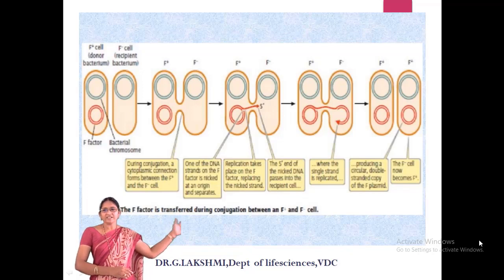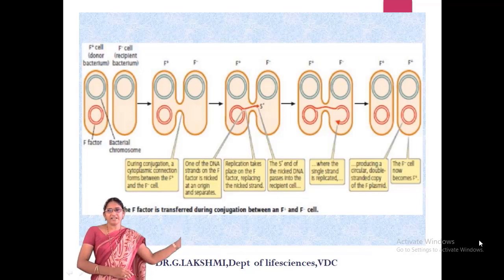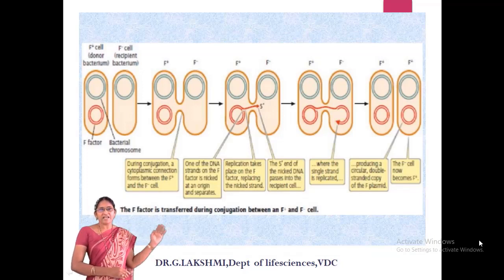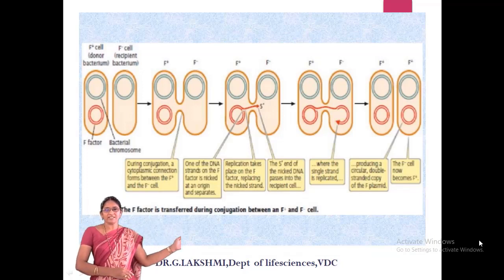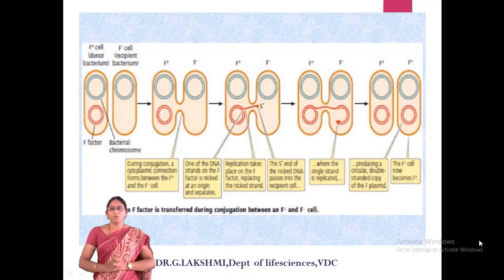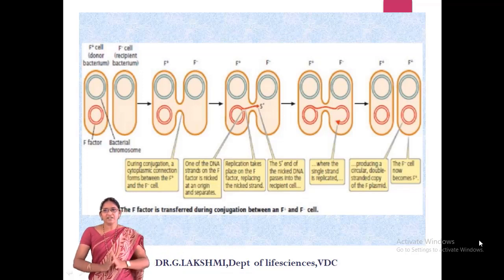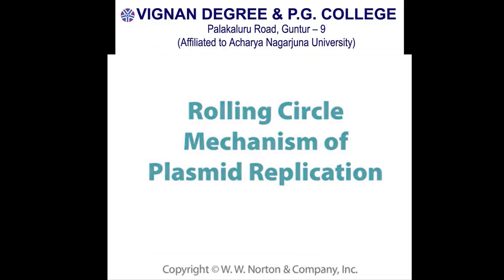Now the circularized single-stranded DNA molecule in the F minus cell undergoes replication and becomes a double-stranded circular DNA molecule. In such a way, the F factor transfers from donor to recipient through the rolling circle mode of replication. Here, F minus cells become F plus cells by this mechanism of replication.